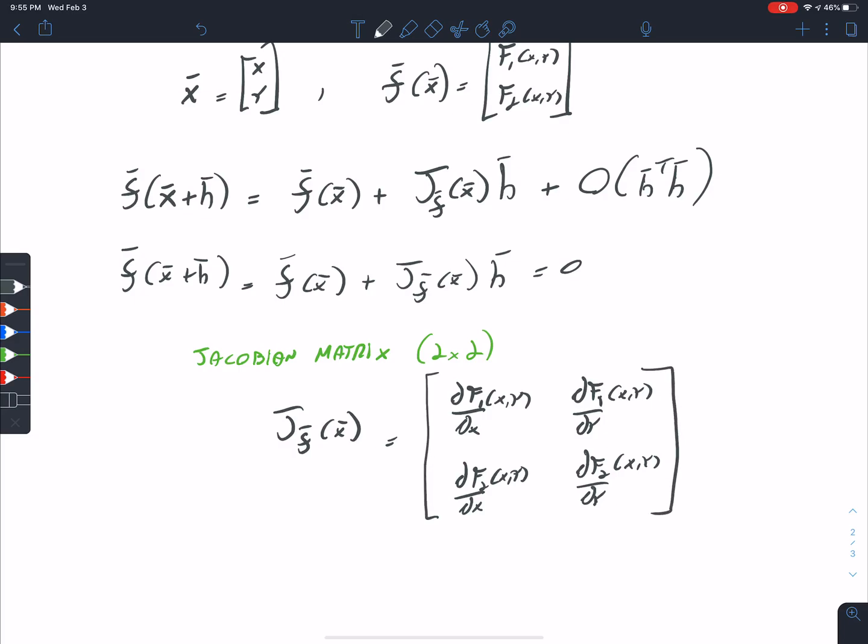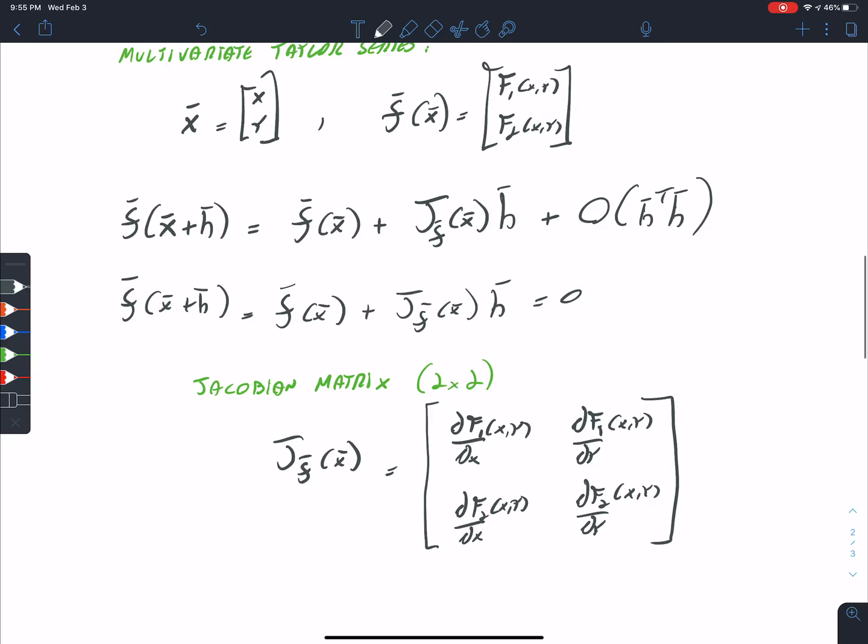Note that we needed to have this kind of extended definition of a derivative, where the derivative is a concept for a univariate function, a function of one independent variable. Now we're looking at a vector function, which really is a function of 2 independent variables, so there are 2 equations here.